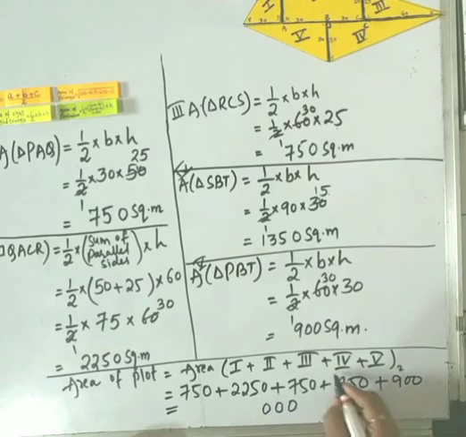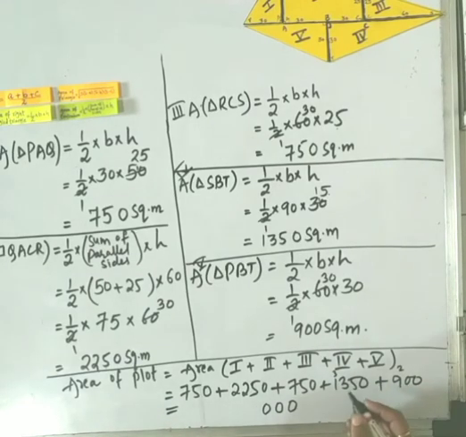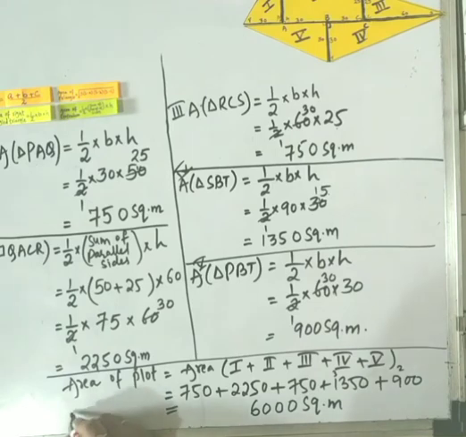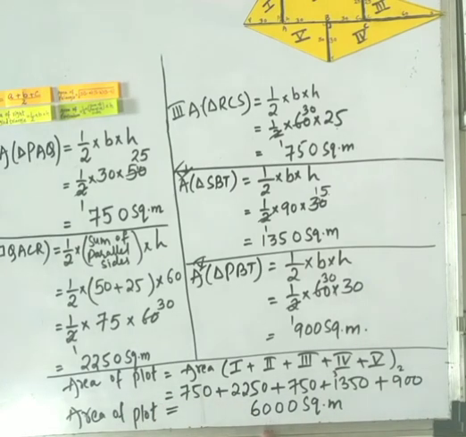So 0 here, 3 would be carry on 1000 place. 3 plus 1 4, 4 plus 2 6. So it is 6000 square meter. So the area of plot is equal to 6000 square meter.